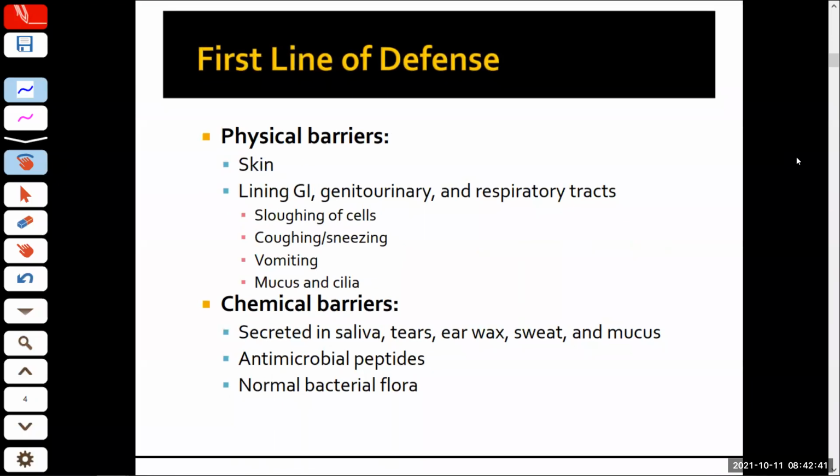All right, so here's your one slide about the first line of defense. Physical barriers include your skin, GI, GU, and your respiratory tract. Think of physical barriers as anything on the outside, anything exposed to the environment.